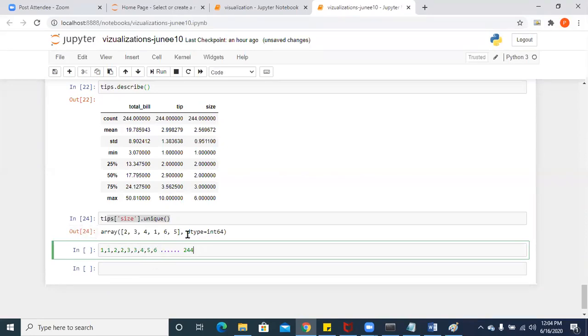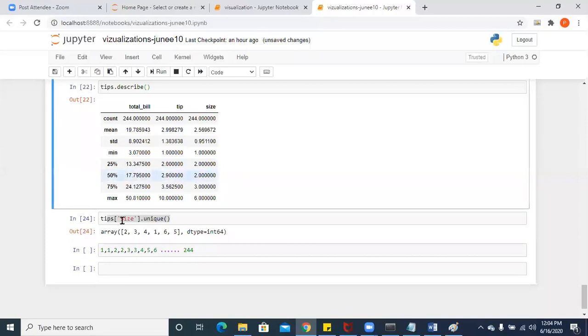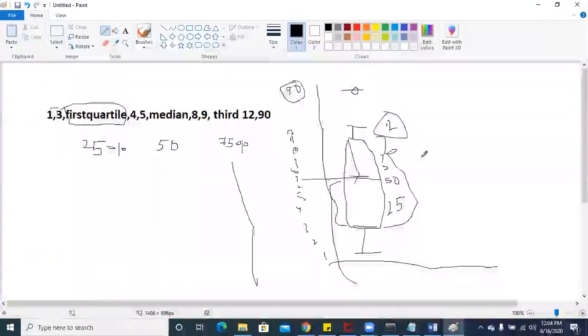So whenever you see the median of that, that is nothing but 2.0. The first quartile is again 2. The third quartile is 3. So for this size, the box plot can be like this.